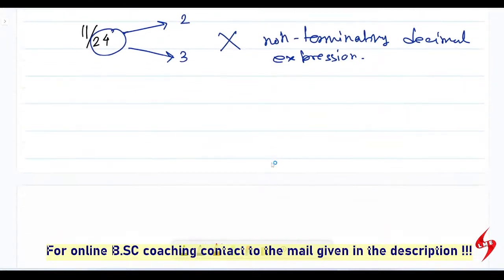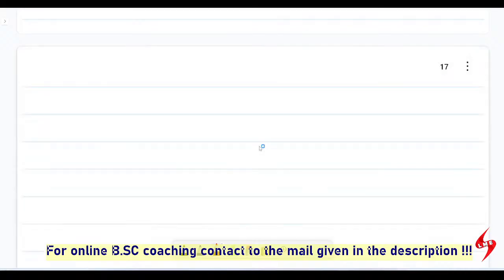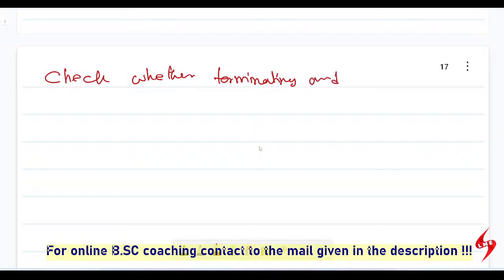Now my question to you: without division, just check whether these are terminating or non-terminating decimal expressions.